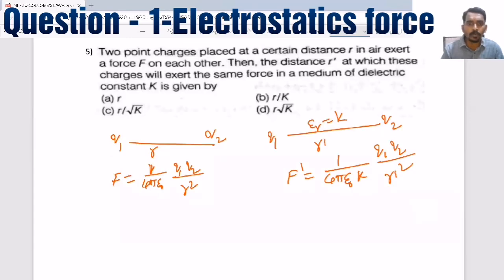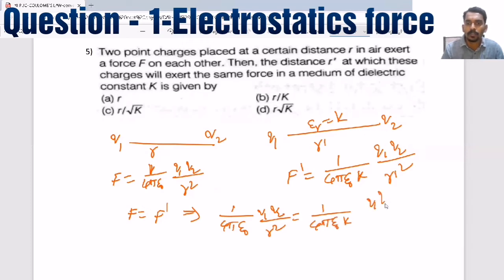Now they are telling both forces must be equal. That means according to the given condition, you need to understand the condition: F equal to F dash implies 1 by 4 pi epsilon naught Q1 Q2 by r square equal to 1 by 4 pi epsilon naught K Q1 Q2 by r dash square.